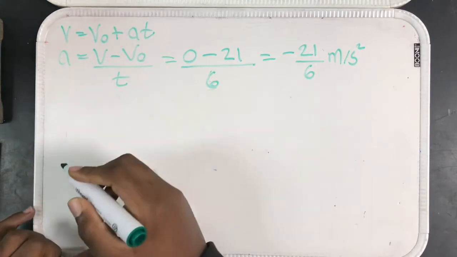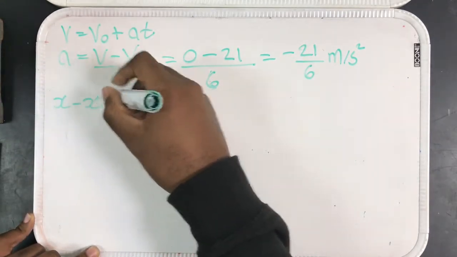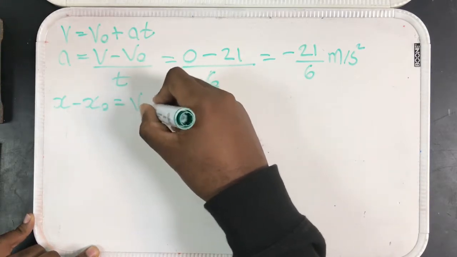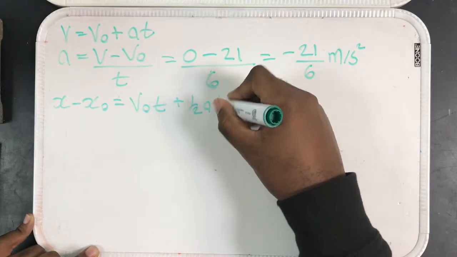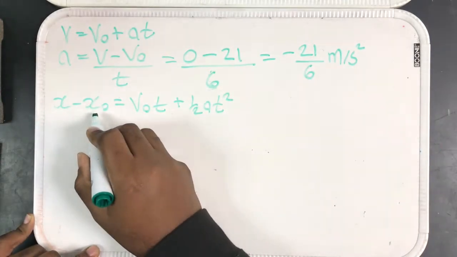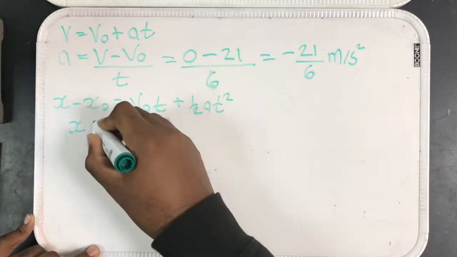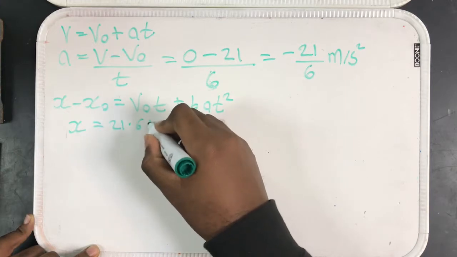And now I'm going to go ahead and I'm going to use x minus x naught is equal to v naught t plus 1/2 a t squared. So x naught is 0. This is 21 times 6.